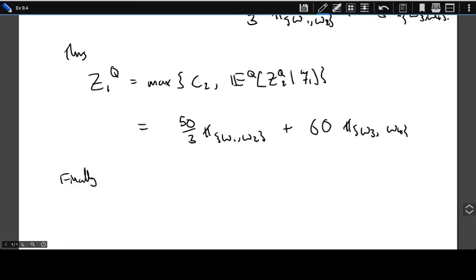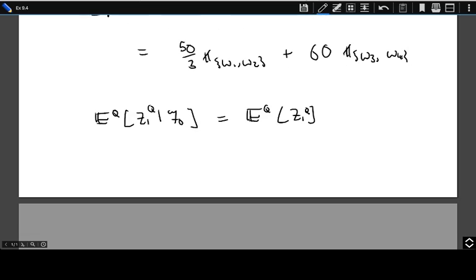Going back another step, in order to calculate Z0, we need first to calculate the conditional expectation of Z1Q against F0, but of course that's the trivial sigma algebra, so this is just the expectation of Z1Q, which is equal to 50 over 3 multiplied by the probability of {omega 1, omega 2}, plus 60 times the probability of {omega 3, omega 4}.